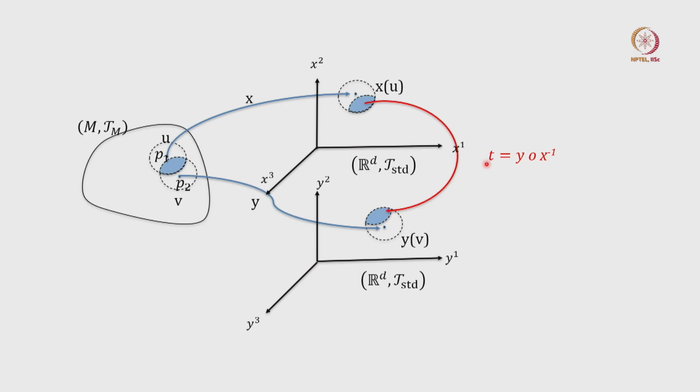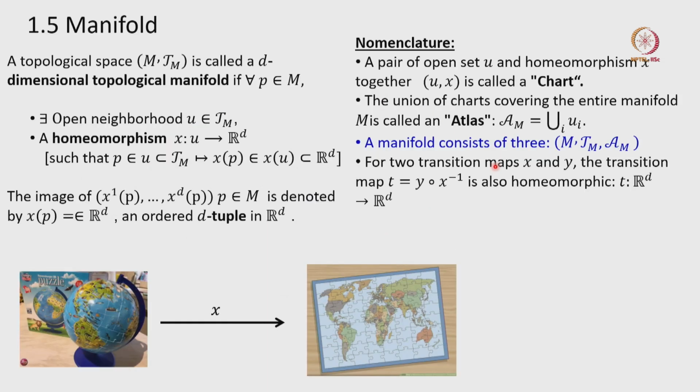If I call the map T going from here to here, I can also define it as first going this way and then this way, so going this way means x inverse after y. Mathematically speaking, this is how it is written. So, a transition map also has to be present for a manifold.